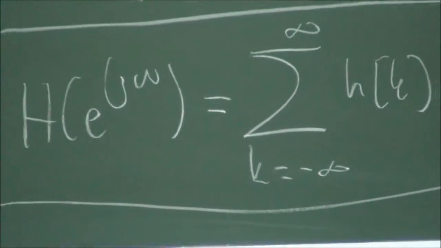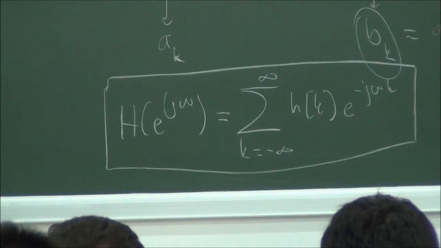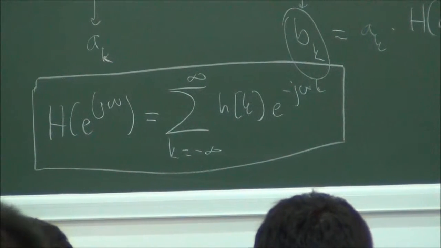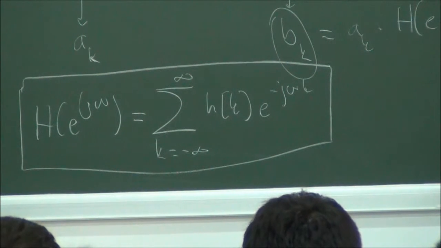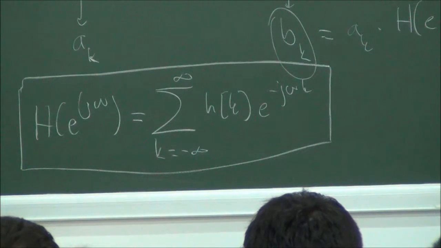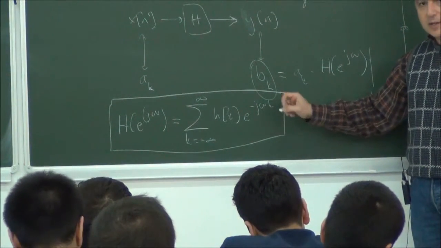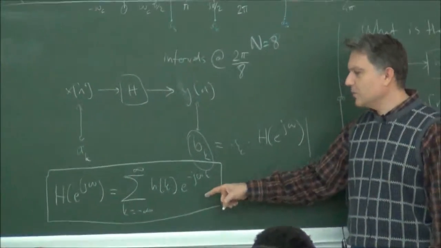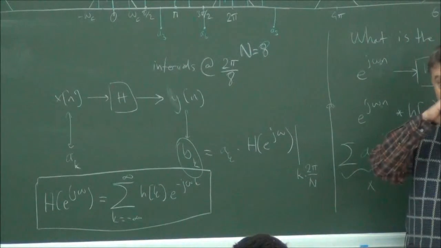I skipped a lot of details here. I didn't derive, for example, why this is the true formula. But it comes from the convolution, and you can do it. I don't say you can easily do it, but you can do it. But the formula here is, for the time being, more critical to us, and we will use the same formula over and over again in all sorts of discrete time systems.